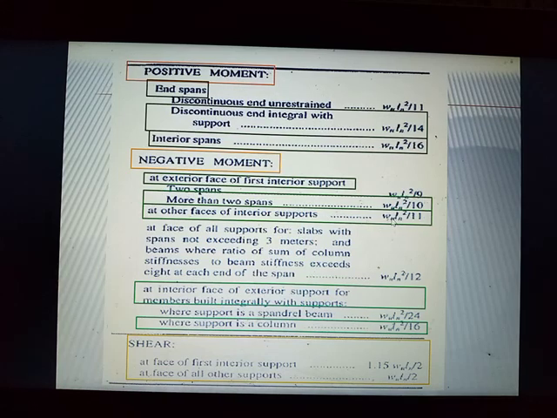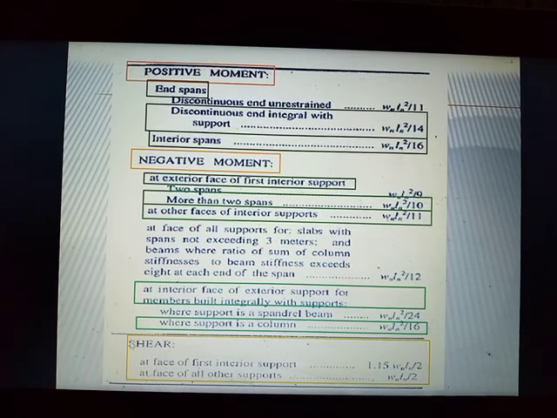Since it has more than 2 spans, we use Wu Ln squared over 10, and Wu Ln squared over 11 for other faces of interior support. For the interior face of exterior support, since it is supported by columns, we use Wu Ln squared over 16.